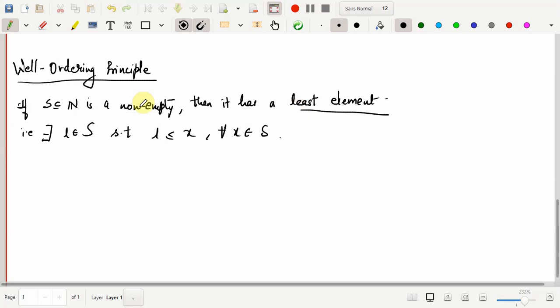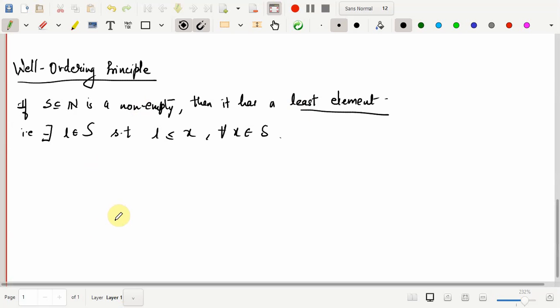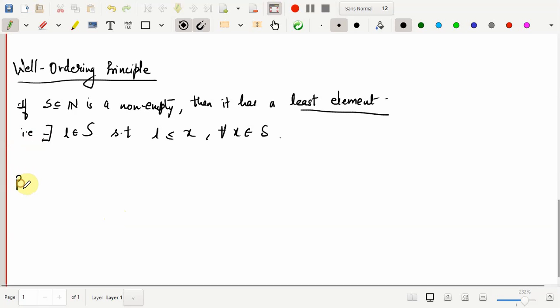Ascending in the sense that you first take the least element, then the element which is greater than the least element but the least among the remaining elements, and you proceed further. So we take it as a proposition.